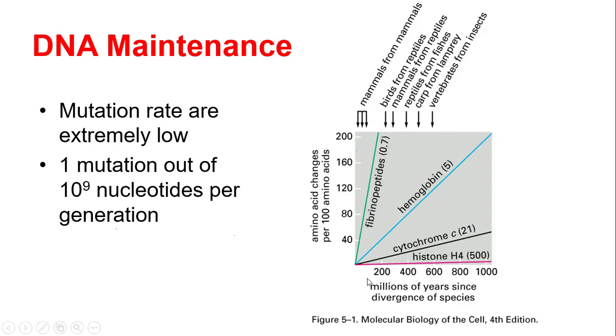Fibrinopeptides, hemoglobin, cytochrome C, then histone H4, over millions of years since the emergence of species. The species are from mammals, and then birds from reptiles, mammals from reptiles, cow from lamprey, vertebrate from insects, and so on.